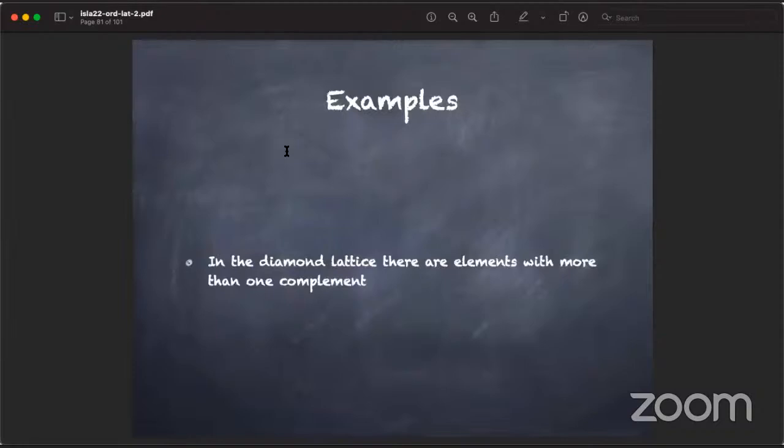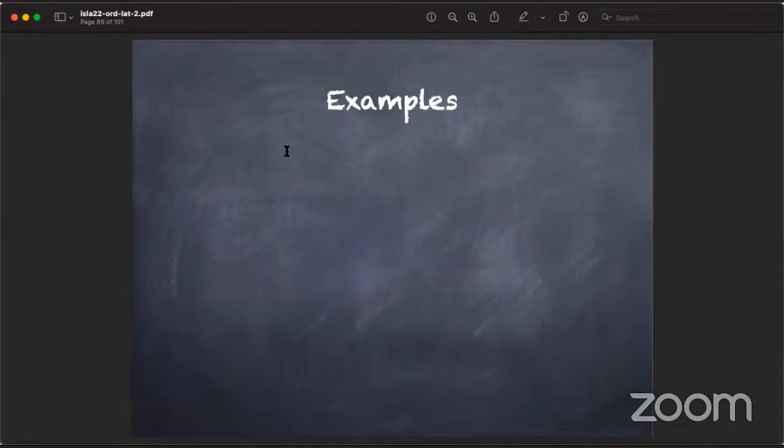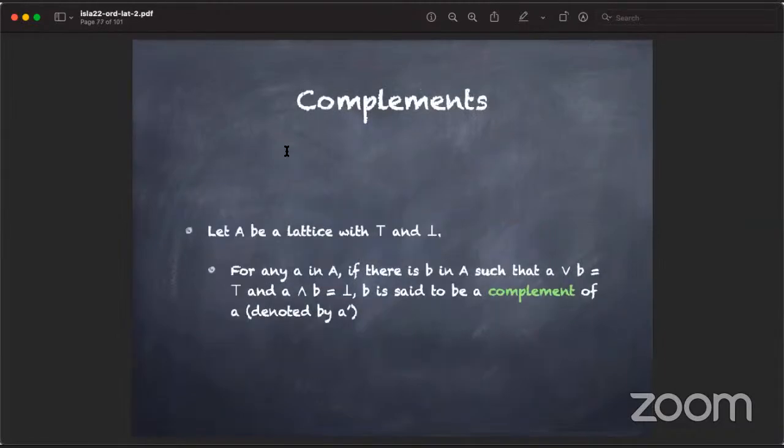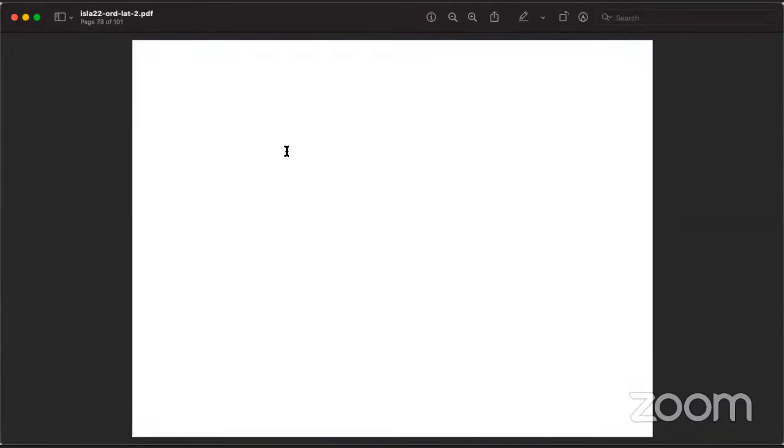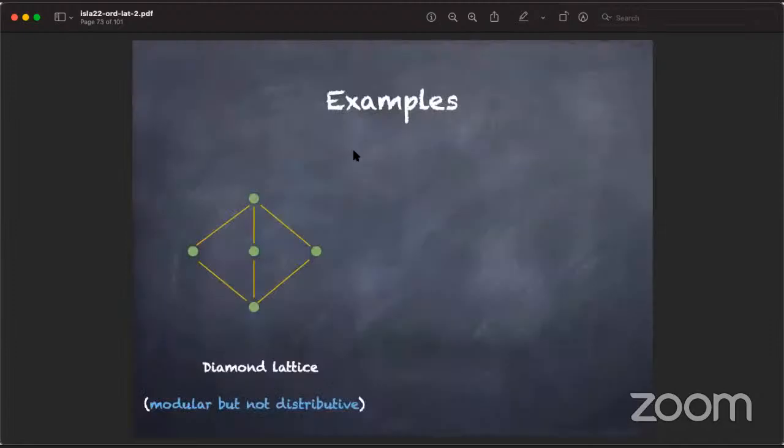First of all, we already know that the diamond lattice is not distributive. And you can clearly see from the picture that it has more than one complement. Is it clear that if you think of one of these middle elements, it has more than one complement?